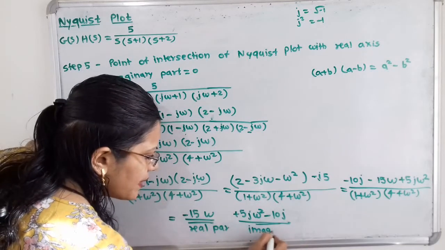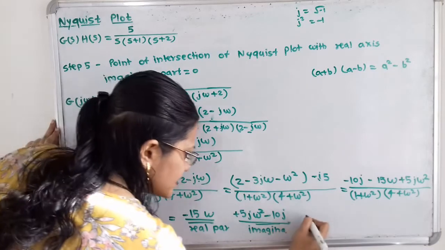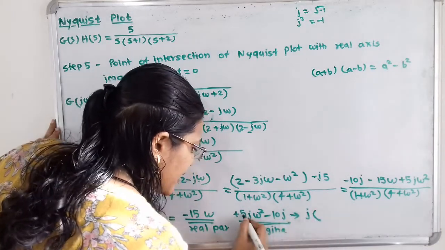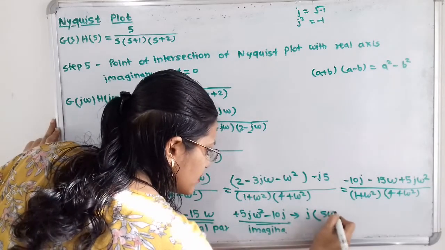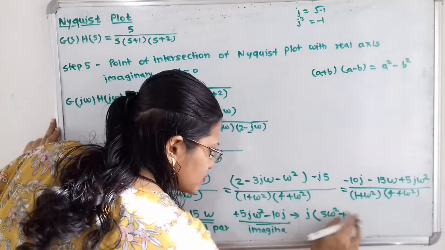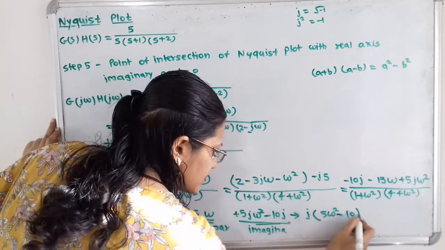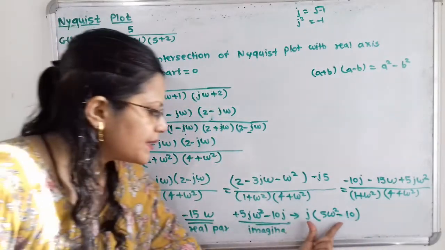For this imaginary part, if I take j outside the bracket, then inside the bracket 5 omega square plus minus 10. So minus 10, bracket complete. So this is the imaginary part.